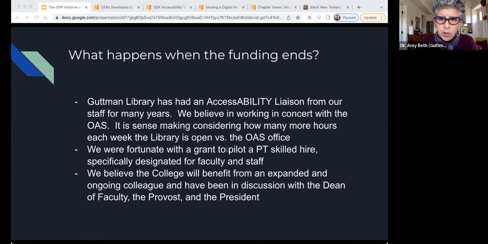So that person was working to make sure that the equipment in the library was understood, that because we encountered students at hours that differed from when the Office of Accessibility was open, we were able to provide feedback to that office and perhaps help them adjust which hours they were staffed.